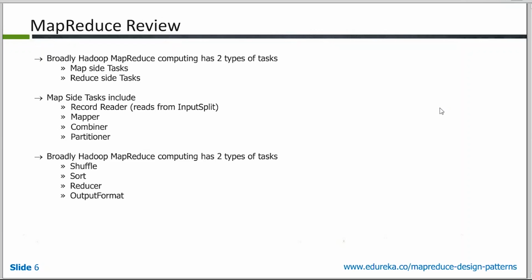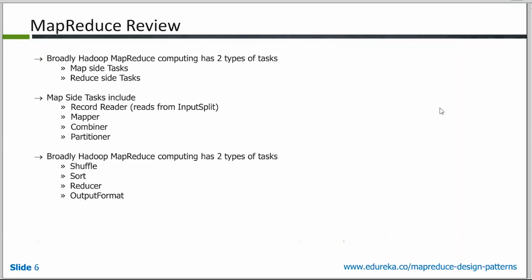On the reduce side, you will see the shuffle, sort, reducer, and the output format. Now let's understand these a little bit in detail. For some of you it's just a repetition of past stuff, but I'm going to explain a little bit to put the context here.